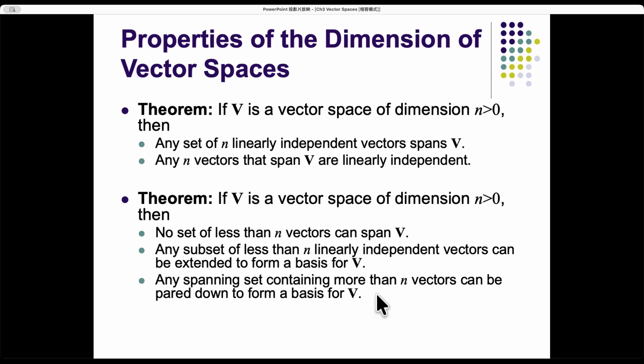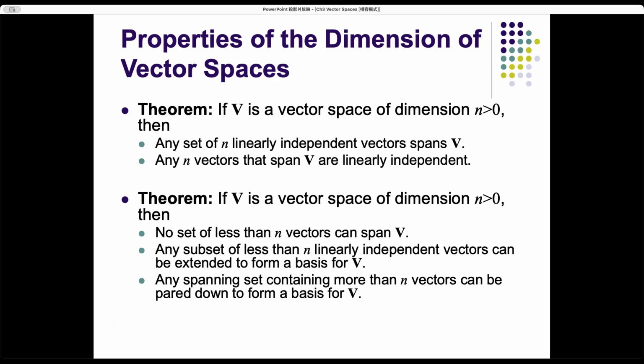So in other words, you can represent vm by a linear combination of the other vectors, right? So you can get rid of vm and still be able to use the rest, v1, v2, up to v(m-1), these m minus 1 vectors, to span V, right?